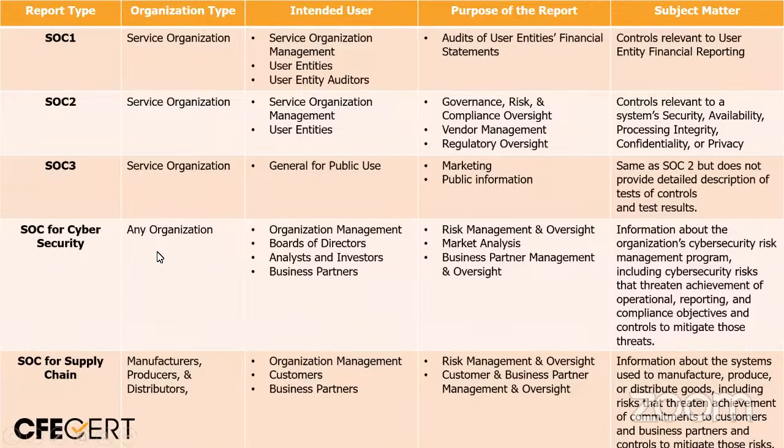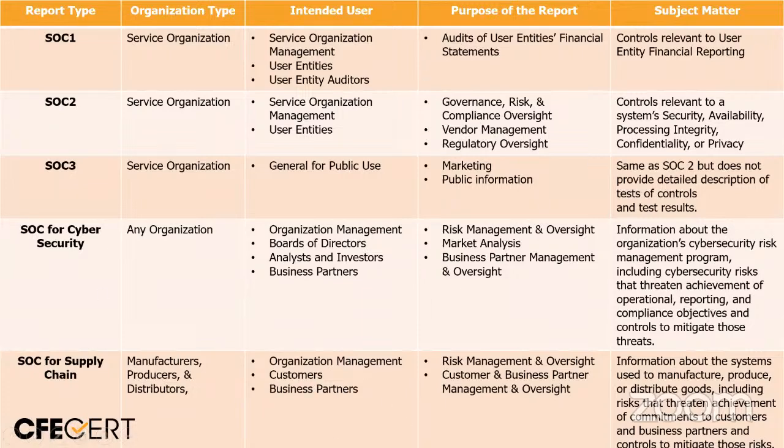This can be used for any organization, and this is very specific to the manufacturers, producers, and distributors. The intended users, you can see we have the service organization management, user entities, and user entity auditors here. SOC 3 is meant for public use. And then we have the business partners and investors add-ons here, same as here, the customers and the business partners.